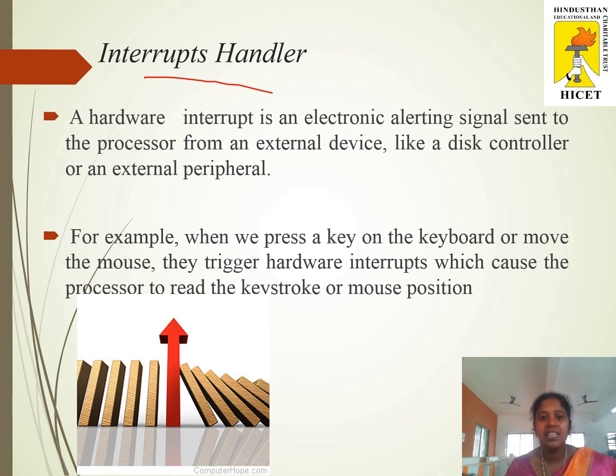That is the purpose of interrupt handlers. For example, if you press a key on the keyboard or move the mouse, the hardware interrupt handler triggers the processor to read the key or the mouse position. That is the purpose of interrupt handlers in an embedded system.